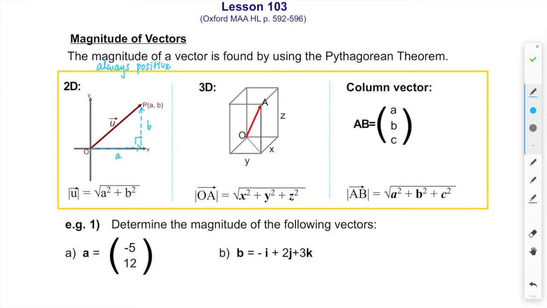So now going to three-dimensional space, we can see that the formula to calculate the magnitude of vector OA is given as x squared plus y squared plus z squared, all square root. Where did this come from, right? So first, you can imagine that we're talking about the first right angle triangle, which is O, X, and Y, kind of like the base of the prism here.